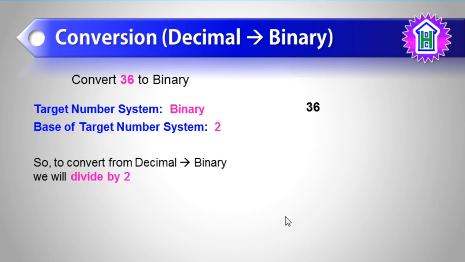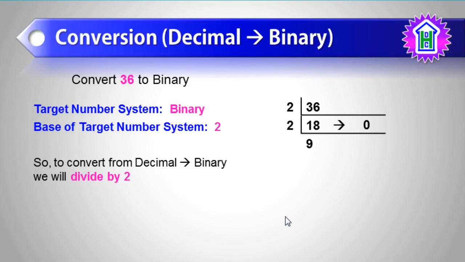Let us take the number 36. Like we factorize, we will divide. So we are dividing 36 by 2. We get 18 as the quotient. And 2 18s are 36. It is perfectly 36, so there is no remainder.